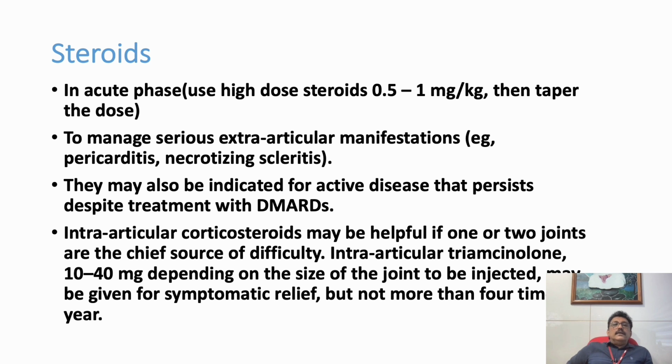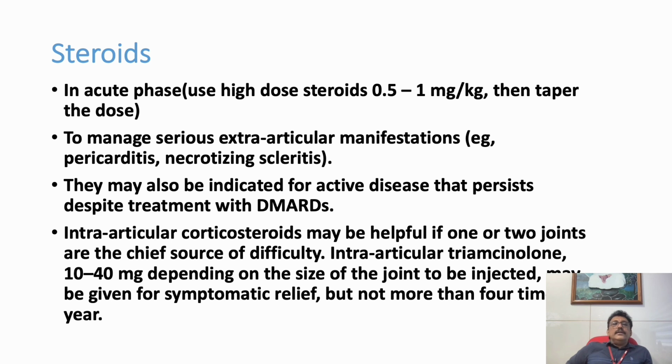So steroids are mainly used. We use prednisolone 1 milligram per kg body weight. For example, a 70 kg male with rheumatoid arthritis, we start 60 to 70 milligram of steroid, then taper it down. Every week you can reduce 10 milligram, and ultimately it may end up at 7.5 milligram daily, then 7.5 milligram alternate days, and along with that we have to continue a DMARD, that we'll see afterwards.